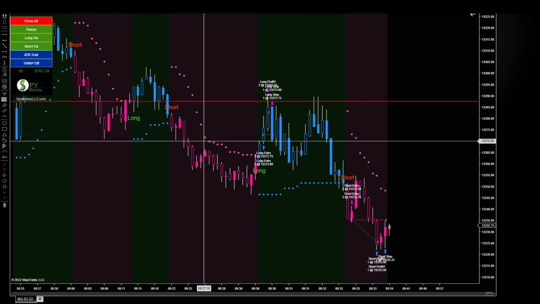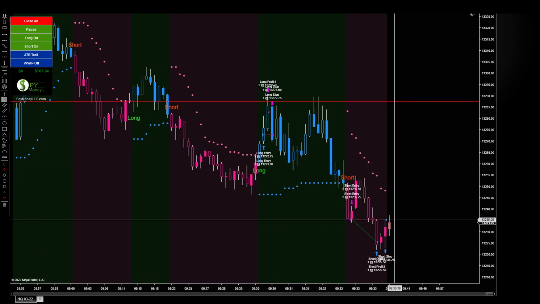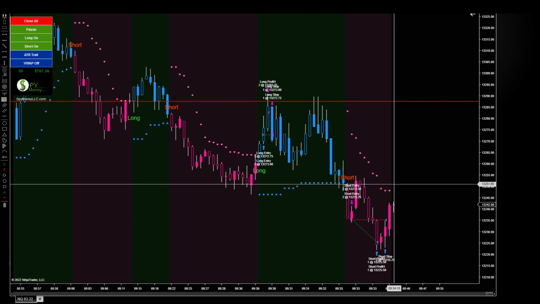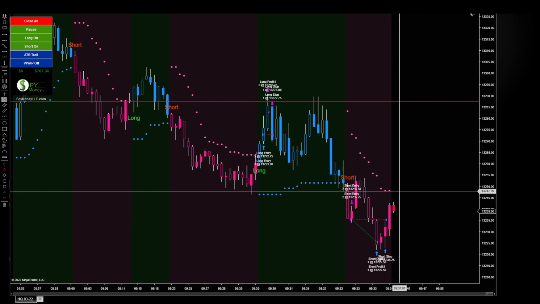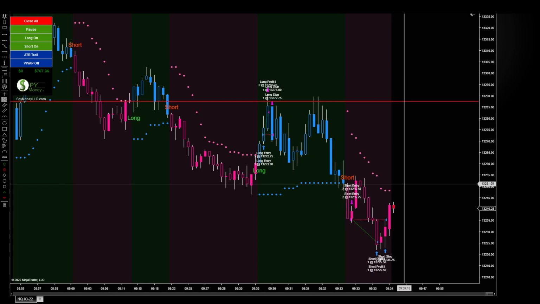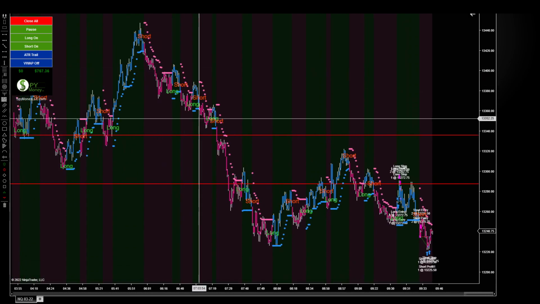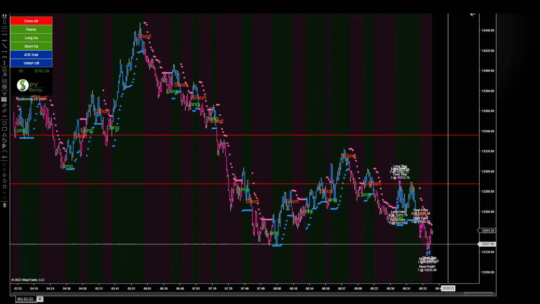So we're up 767.36. Again, I think we're going to be long buys here. I'm going to let it take one more trade. Take this long, and once it takes a long, I'll go ahead and pause it. So right now we had a short pullback, a little short here.